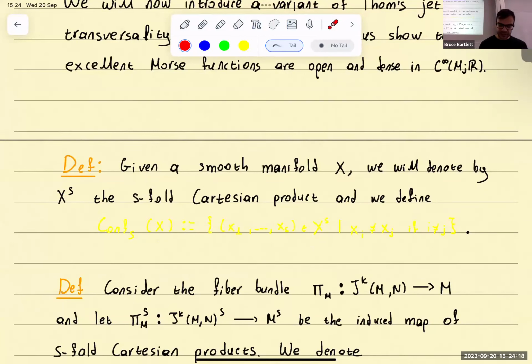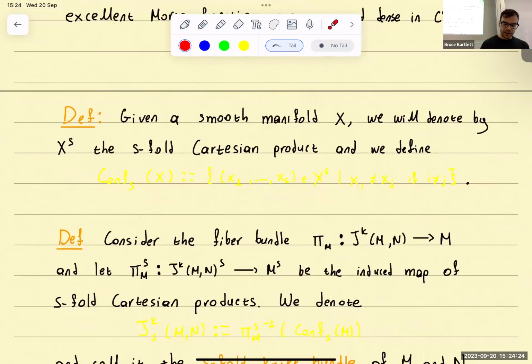So I just need to set something up before I tell you what the multi-jet transversality theorem says. If you give me a smooth manifold X, I can consider its s-fold Cartesian product. Nothing fancy going on here.